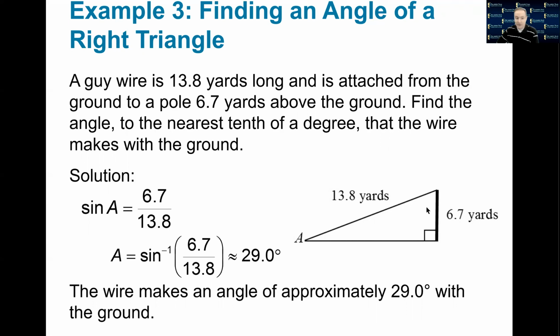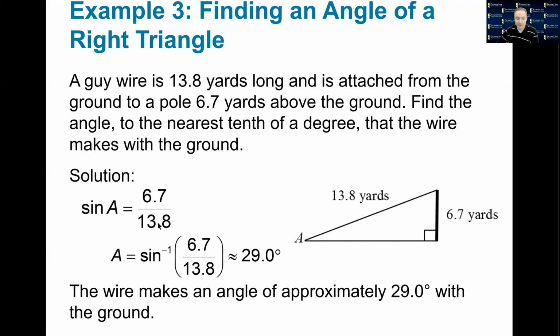If I wanted to solve for angle A here, think about what we have within this right triangle. We know the side opposite A, and we know the hypotenuse. Sine is the ratio of opposite over hypotenuse, so the sine of angle A has to be 6.7 over 13.8.